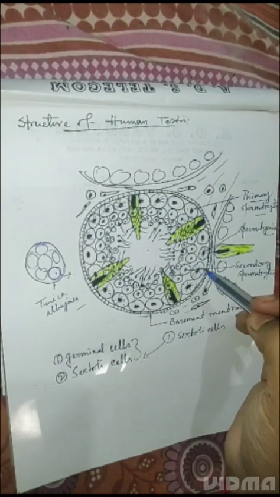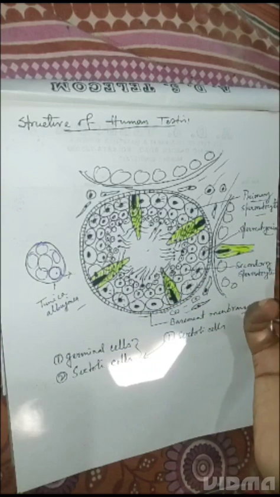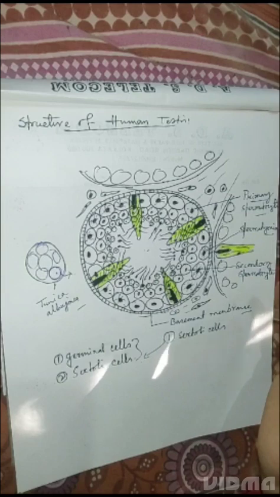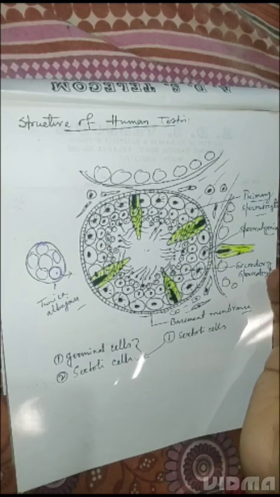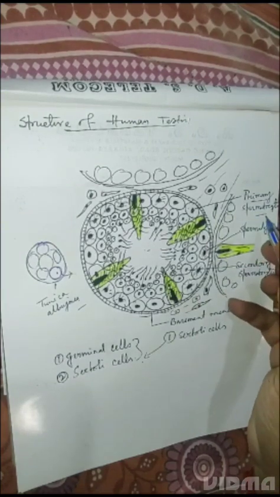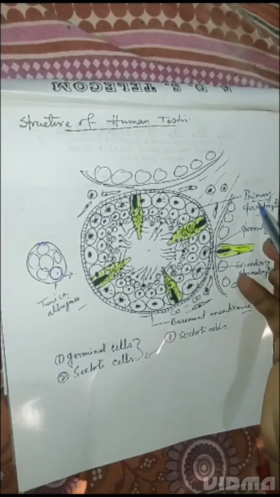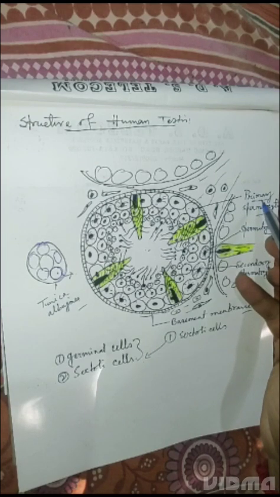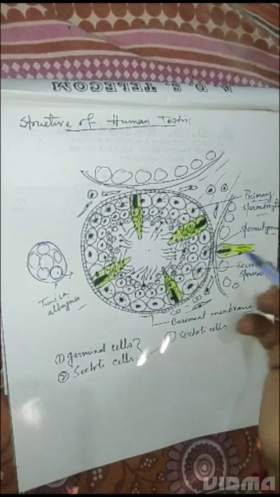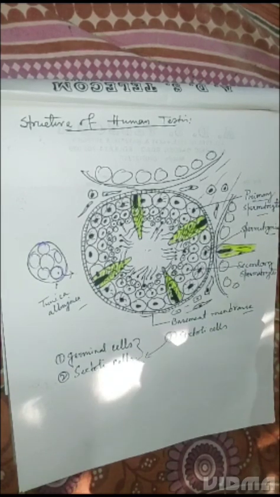These secondary spermatocytes are divided, and the number of secondary spermatocytes is greater than the primary spermatocytes, because obviously they are coming from the primary spermatocytes by dividing. So the number of secondary spermatocytes obviously increased.